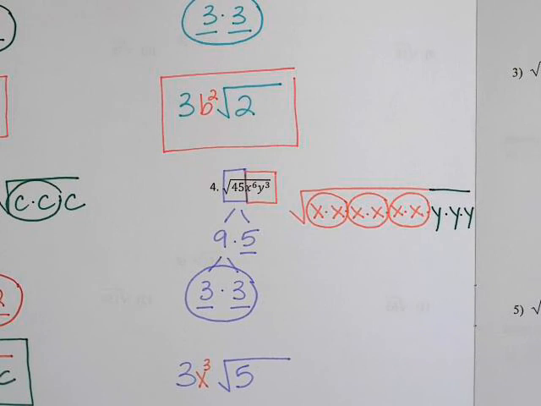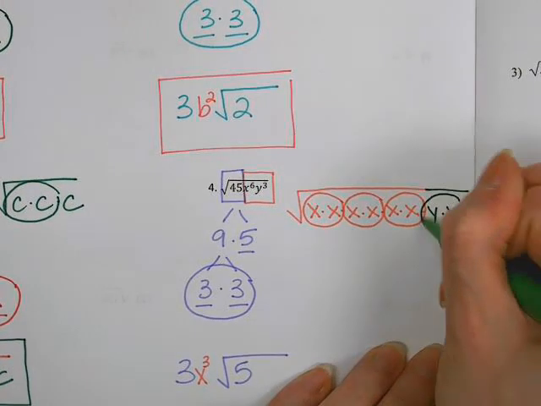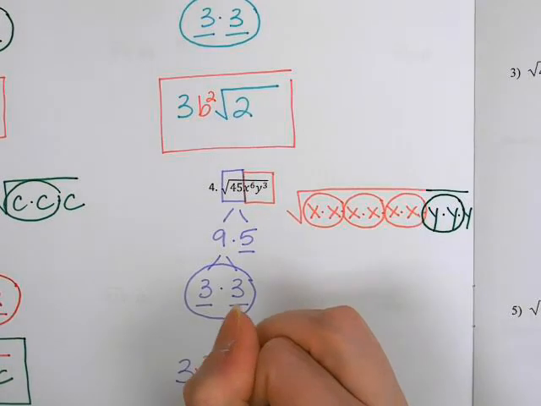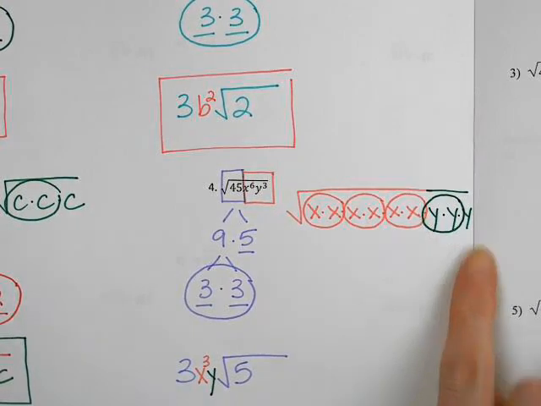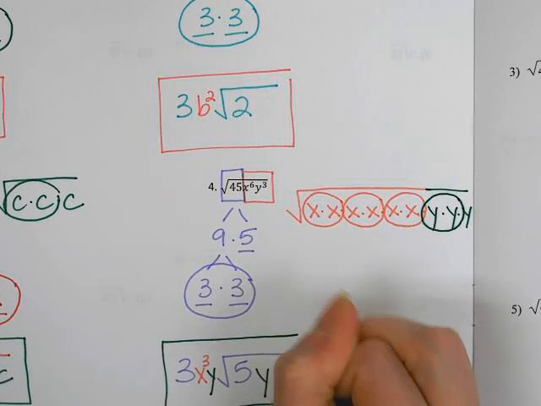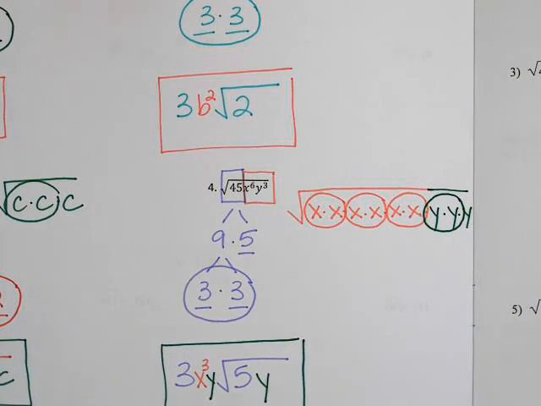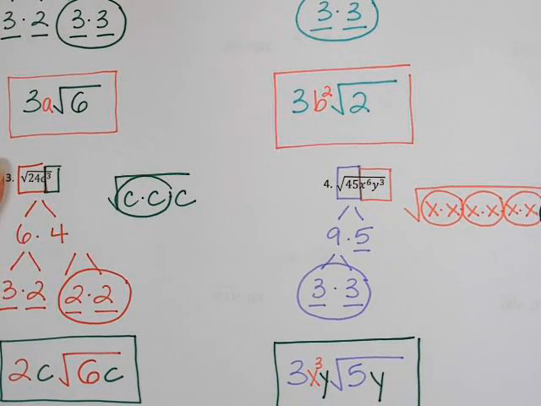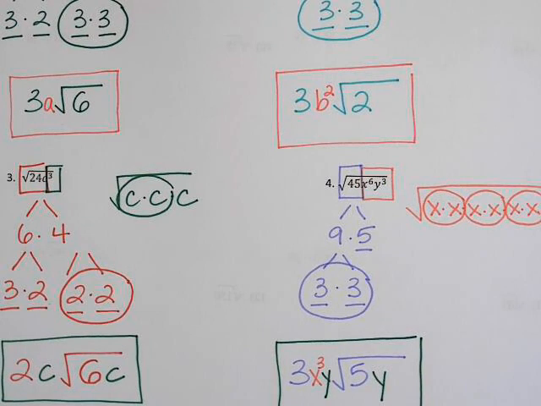And how many pairs of y's? Only 1 pair. So we could pull out 1 y, and then there's 1 single y left inside. That's your answer. Okay, so this is called simplifying with radicals. Nice job, guys.